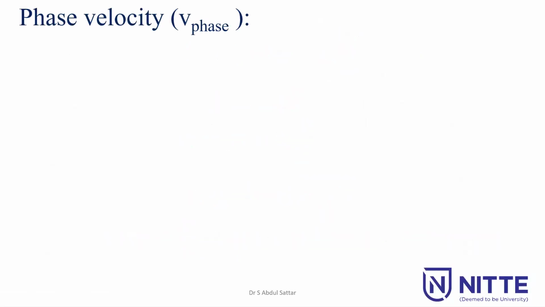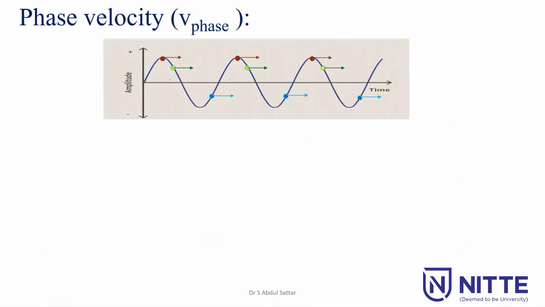Now we are going to discuss two important parameters related to these waves. The first one is phase velocity. So what is the phase velocity? See, if you take a wave here and observe this point, this point and this point, these three points are in the same phase.